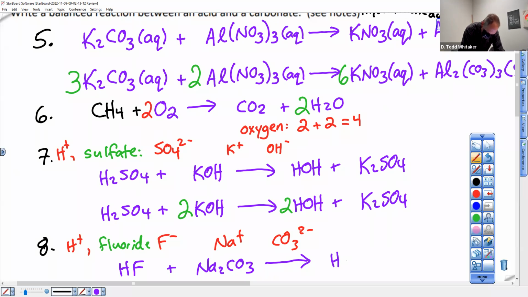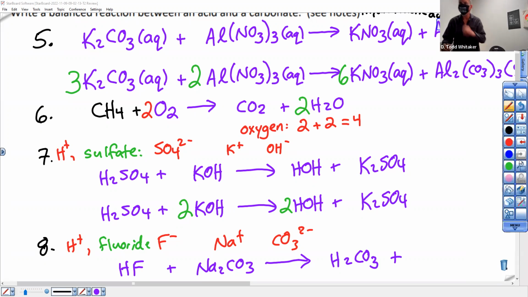H2CO3. And there's something special about H2CO3. I'm going to throw a little curveball at the end here. This is only good for the carbonate reactions, okay? H2CO3 doesn't stay like that. But the other one is the Na plus with the F minus. What do you got? NaF.